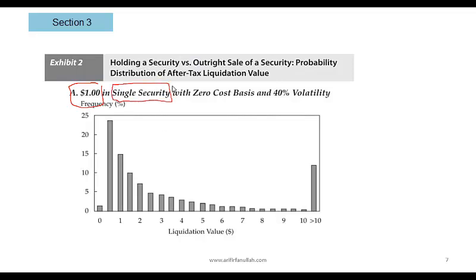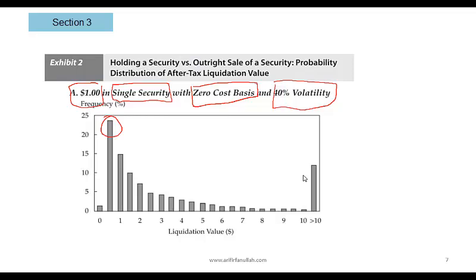They're talking about concentrated holding. This has a zero cost basis, okay, and a 40% volatility, and these are the range of returns and liquidation value. Just look at this, okay, just look at the standard deviation, the risk.